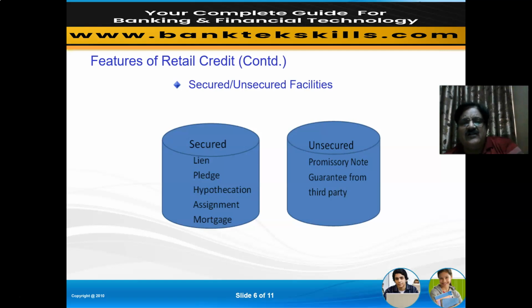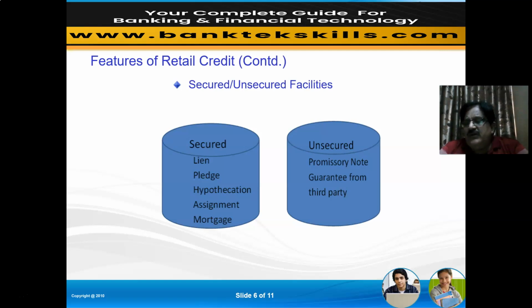So that charge is called mortgage. Again, I'm repeating: lien is for fixed deposit, pledge is for securities like shares, bonds, debentures, hypothecation is for car or OD against stock, assignment is for life insurance policy, mortgage is for home loan or LAP, loan against property.